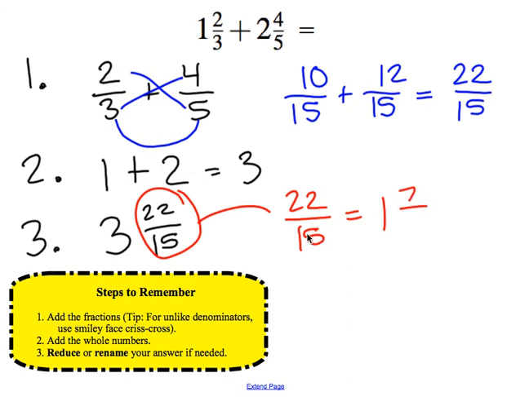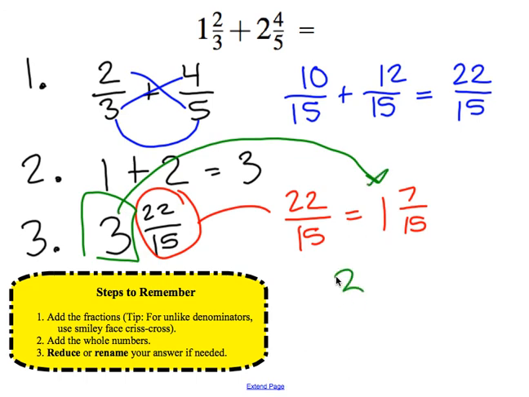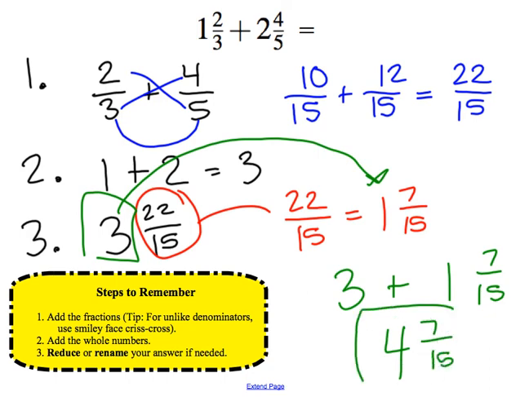And our denominator stays the same. So we are adding our original 3 plus our new mixed number here. So we've got 3 plus 1 and 7/15. 3 plus 1 is 4 and 7/15. This does not need to be reduced, so this is our final answer.